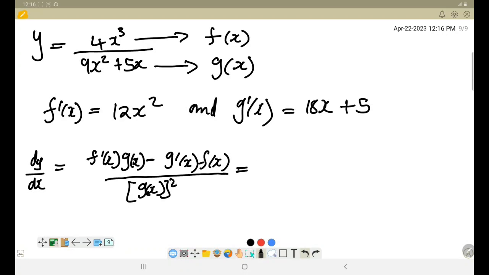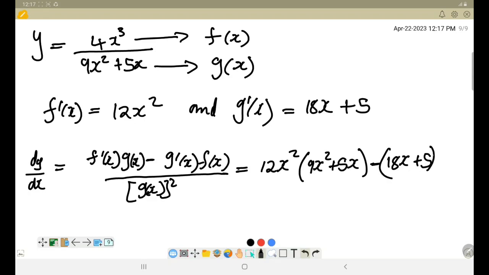What we need to do now is to just substitute. Our f prime is 12x squared multiplied by g, which is 9x squared plus 5x, minus our g prime, which is 18x plus 5.